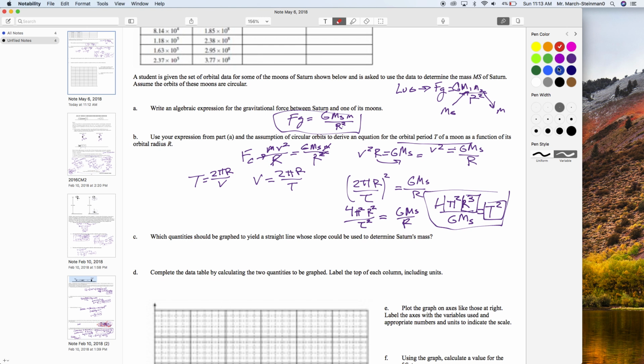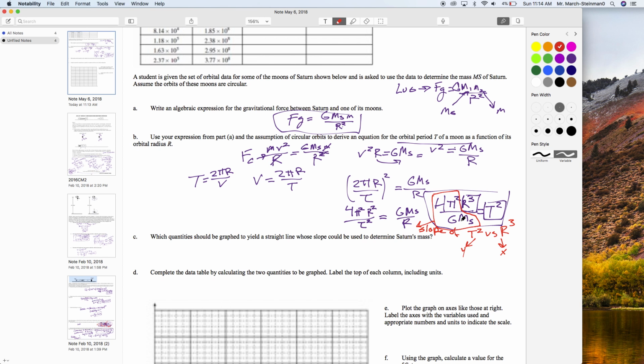So let me change color and say the slope of T squared versus r cubed, with T squared on the y-axis and r cubed on the x-axis. This would be the slope value. So when we find the slope, this is what we're finding.